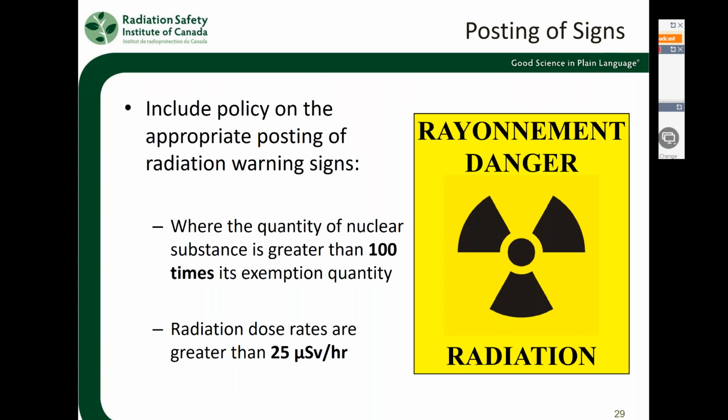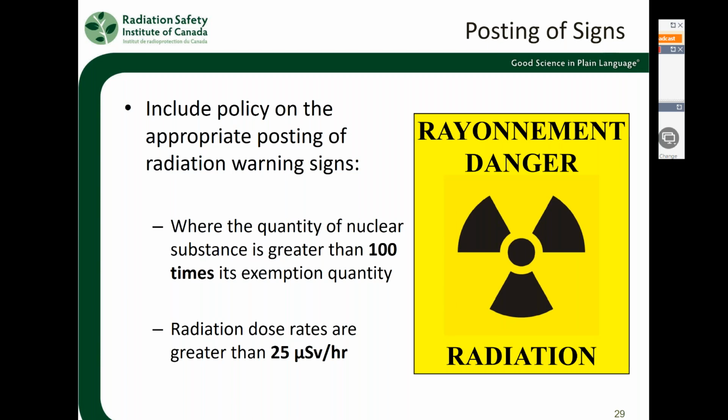The radiation dose rate, if it may reach 25 microsieverts or more, then you need to post a sign as well. So this is an either-or scenario. If your source falls under either of those categories, you must post the radiation warning sign.